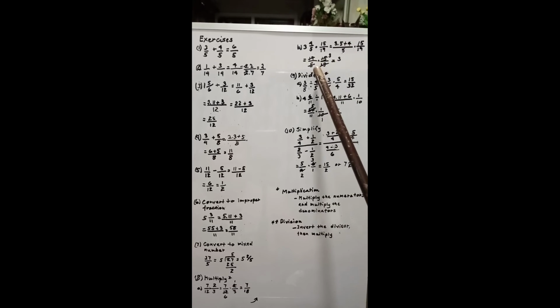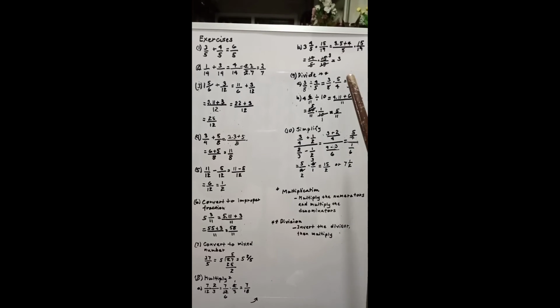So you have there 19 over 5 times 15 over 19. Now take note that we can cancel both the 19s. So they are being cancelled. And take note also that 15 can be divided by 5. So 15 divided by 5 is 3. 5 divided by 5 is equal to 1. So the answer is 3.